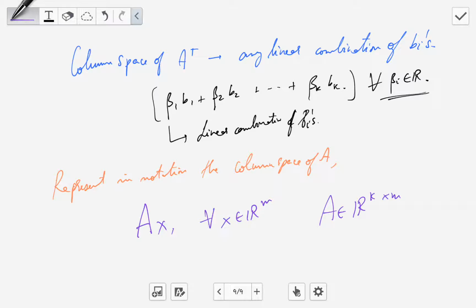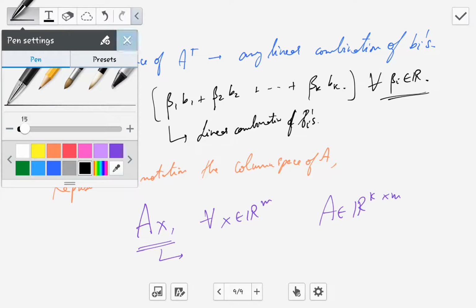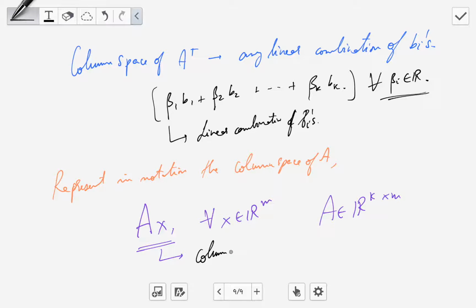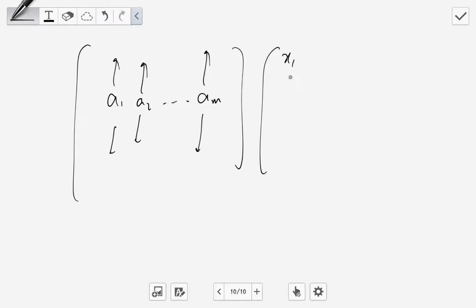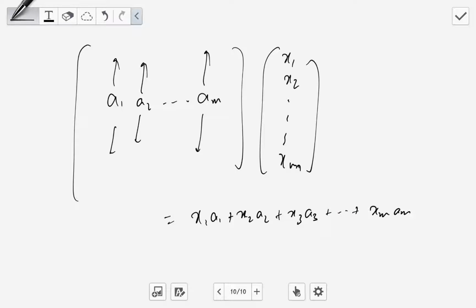Do you see this? This is the column space of A. Why is this so? Because if A was A1, A2 so on up to AM, and this X was X1, X2 so on up to XM, then this is indeed X1 A1 plus X2 A2 plus X3 A3 plus so on up to XM AM.